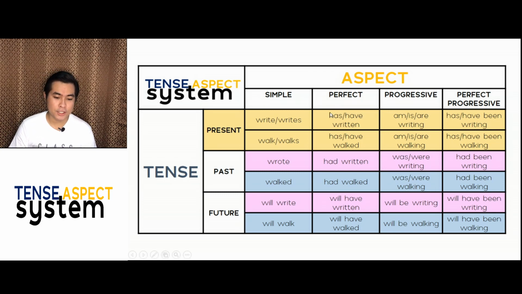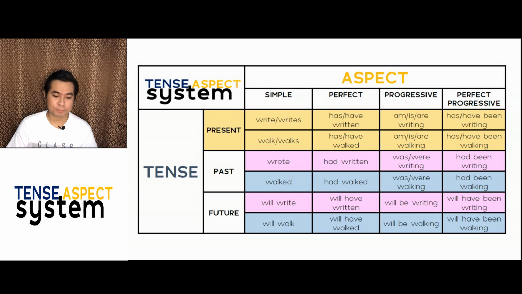In this case, for irregular verbs, sometimes the past participle is in the form of en after the verb, or we change the spelling. While for the regular verbs, it's always like your past form, with ed or d as past participle. So you have has or have. Again, has is used for singular subject, and have is used for plural subject.